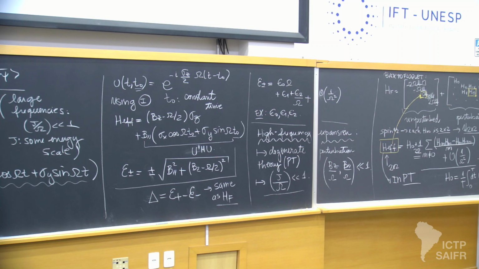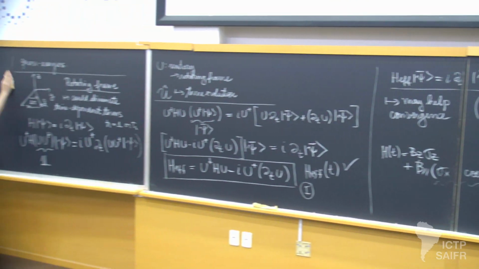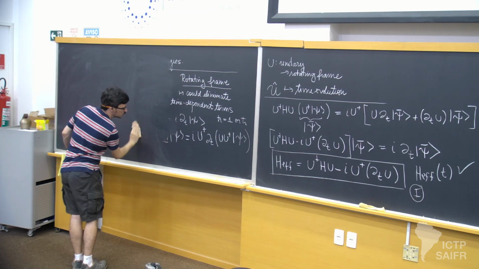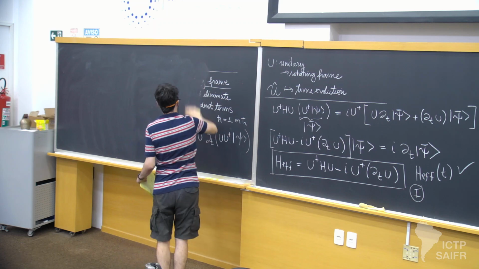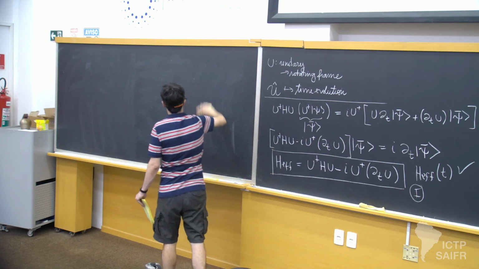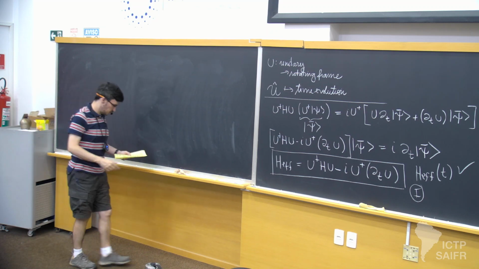The first case that we are going to address is, again, the tight binding Hamiltonian. The tight binding Hamiltonian has the following form.